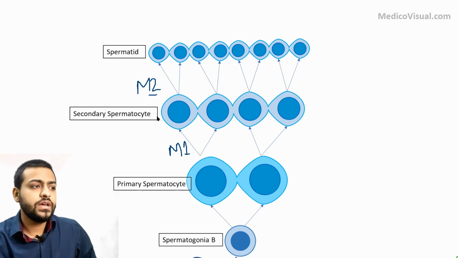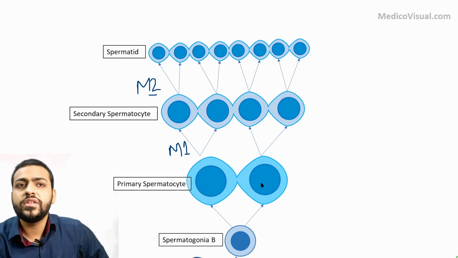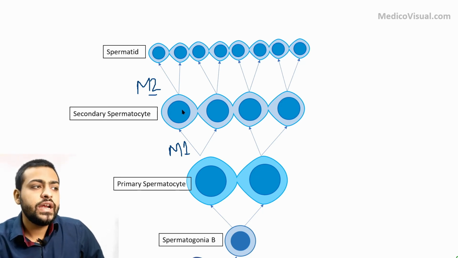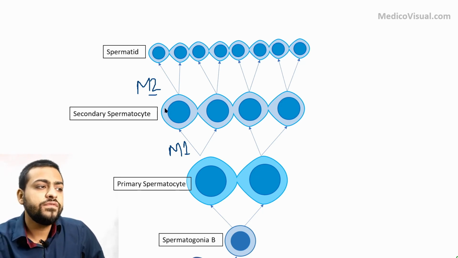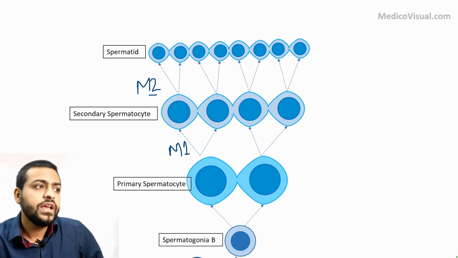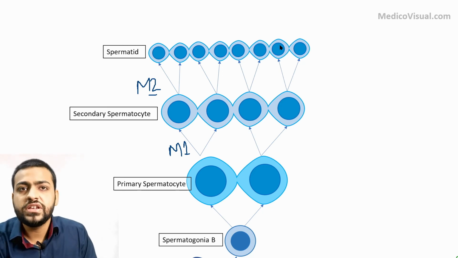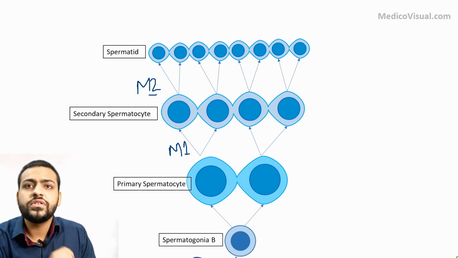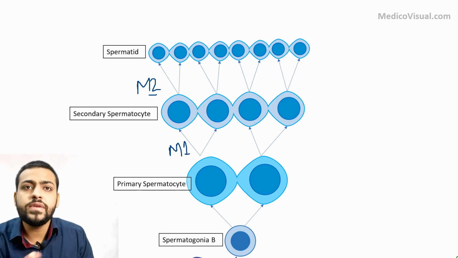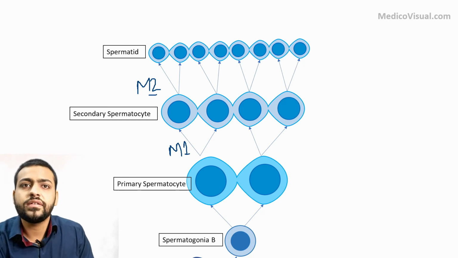Remember, the secondary spermatocyte is half the size of the primary spermatocyte, and the spermatid is half the size of the secondary spermatocyte, right? Then the spermatid will undergo cytodifferentiation to form a mature sperm. We will discuss that in the next lecture, and that process is called spermiogenesis. So next we will discuss what spermiogenesis is.